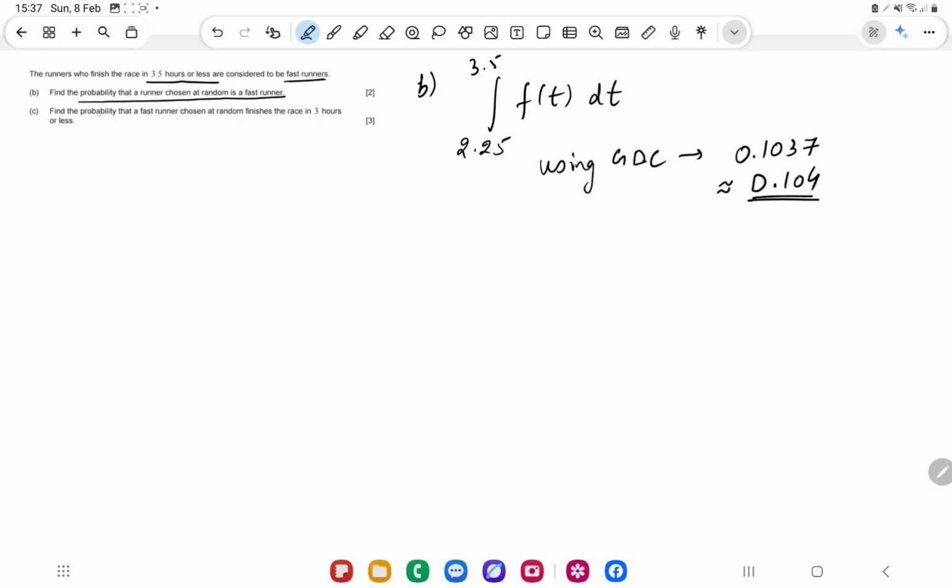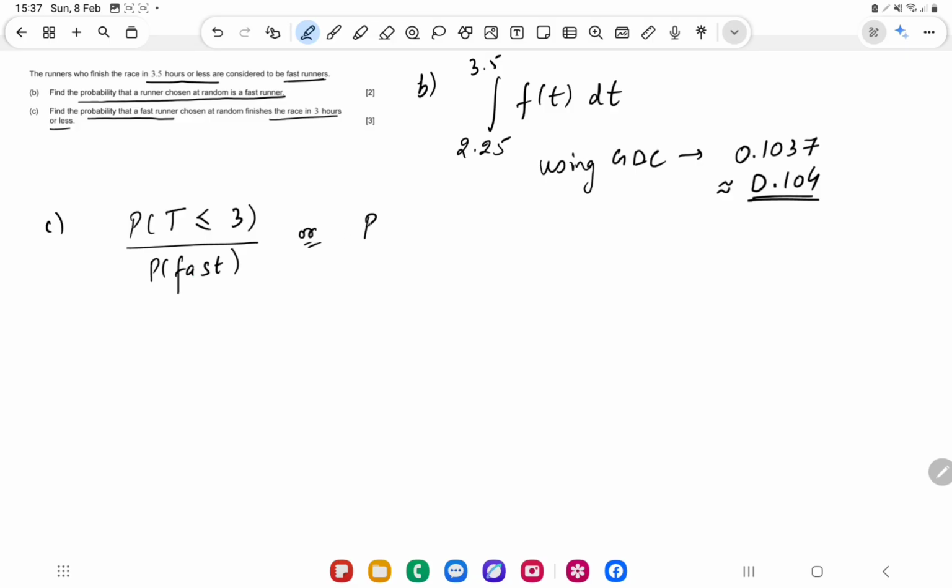Now in the C part, it is again asking us to find the probability that a fast runner chosen at random finishes the race in 3 hours or less. So for this, basically we have to find the probability of 3 hours or less given that the runner is fast.